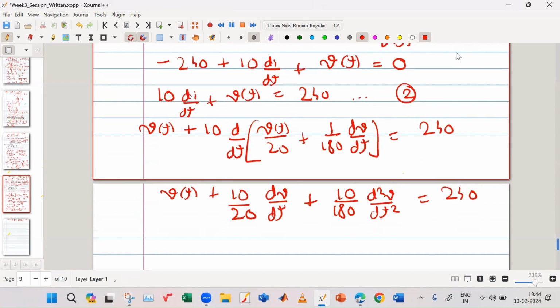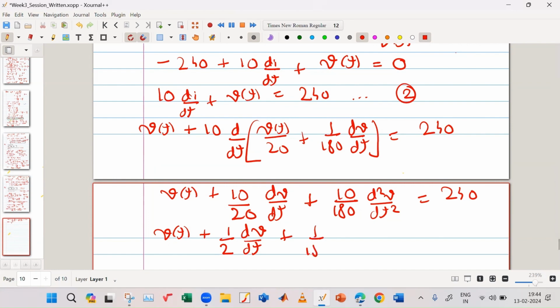So this becomes V of t plus half dV by dt plus 1 by 18 into d2V upon dt2 is equal to 240.